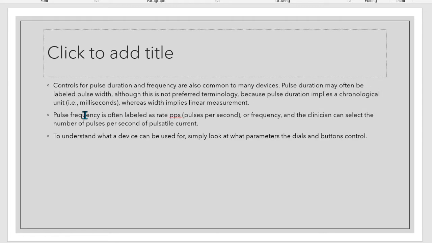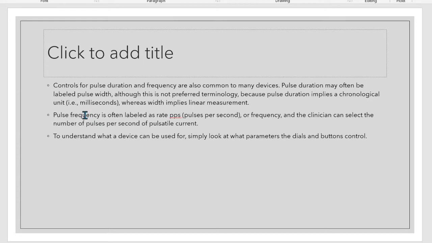The controls are often labeled. Usually your pulse duration and frequency are found there. The pulse duration may often be labeled as pulse width.